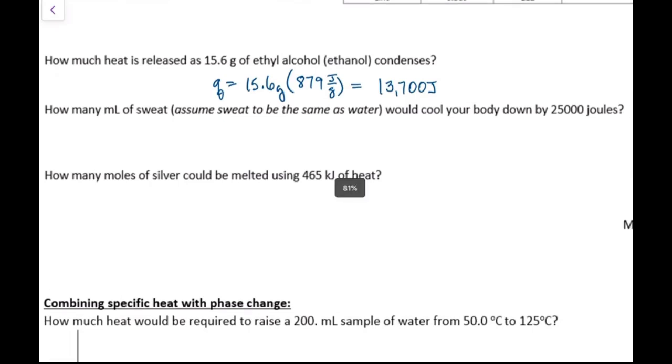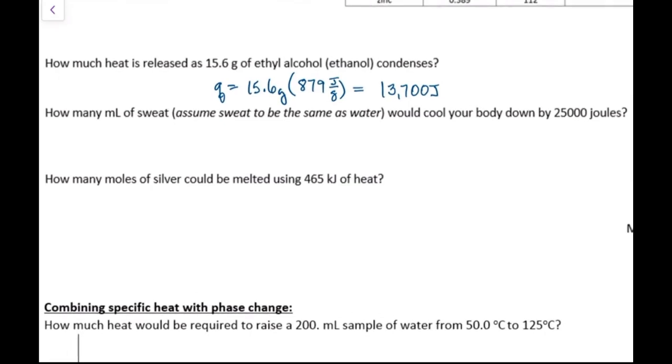All right, how many milliliters of sweat, assume sweat to be the same as water for the purposes of this problem, will cool your body down by 25,000 joules? So milliliters, if we're assuming sweat to be water, 1 milliliter equals 1 gram. So what I'm really trying to answer is mass.